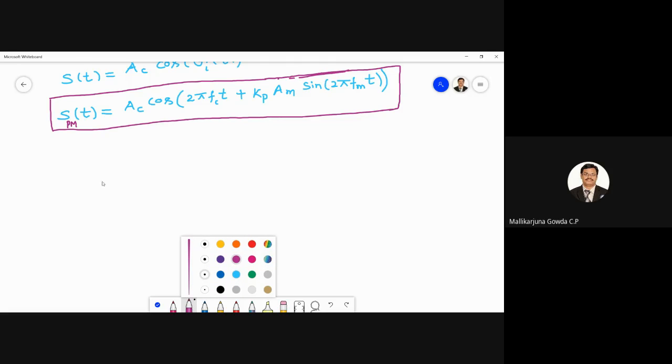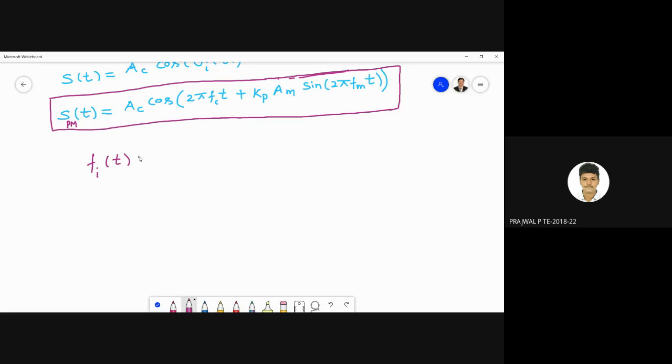Let us go with the basic definition: fi of t is 1 by 2 pi d by dt of theta i of t. It does not skip any step. So now what we are supposed to do is substitute the value of theta i of t and write it. What is fi of t?